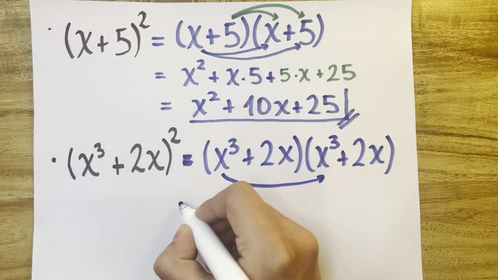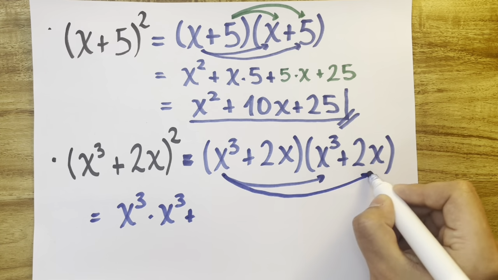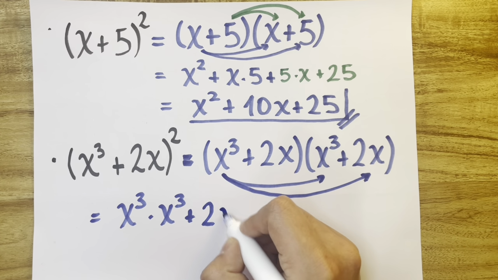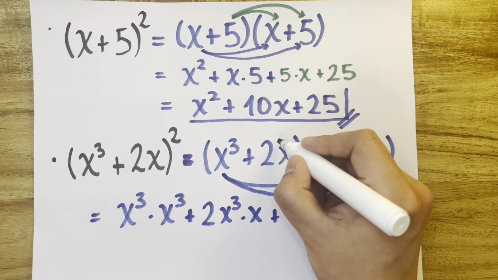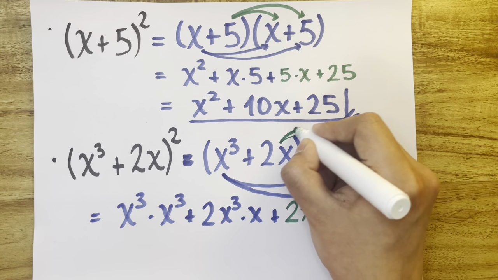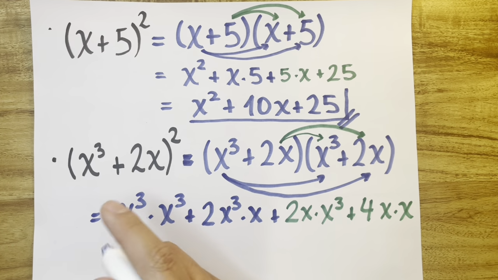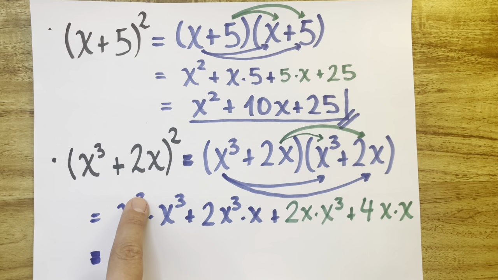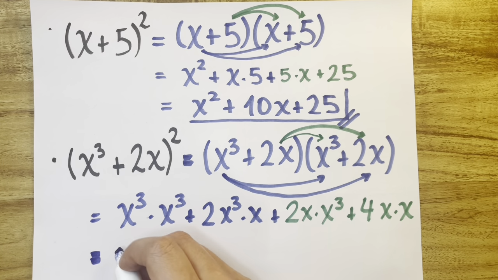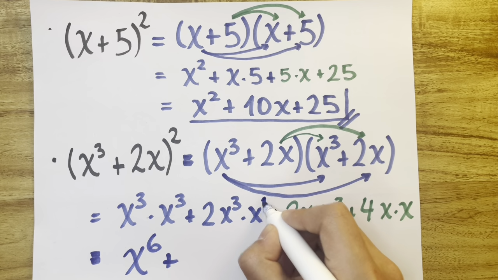Now we're ready to distribute: x cubed times x cubed plus x cubed times 2x. We can put the 2 in front, so we have 2 times x cubed times x. And now we distribute this 2x times x cubed. And then 2x times 2x, 2 times 2 is 4, so we have 4 times x times x. And now we can apply our exponent laws. x cubed times x cubed, we add the exponents. 3 plus 3 is 6, so we have x to the 6, plus 2 times x cubed times x, which is x to the 1.